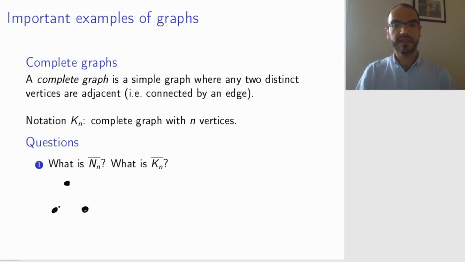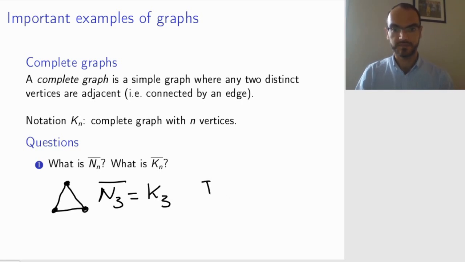Now to get the complement, I will draw all the edges that are not there, and erase all the edges that are there. So there are no edges to erase, and I simply add all edges. So this is the complement of N3, which is the complete graph on 3 vertices.